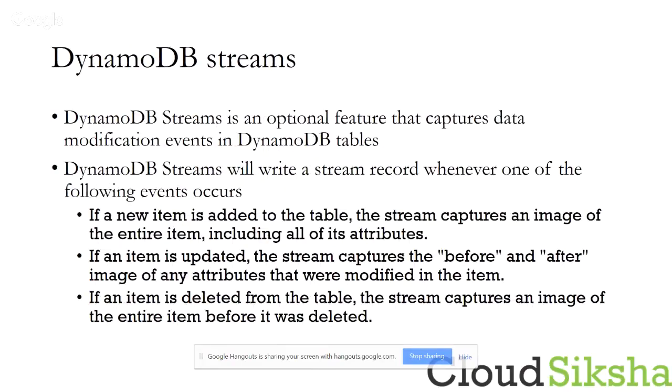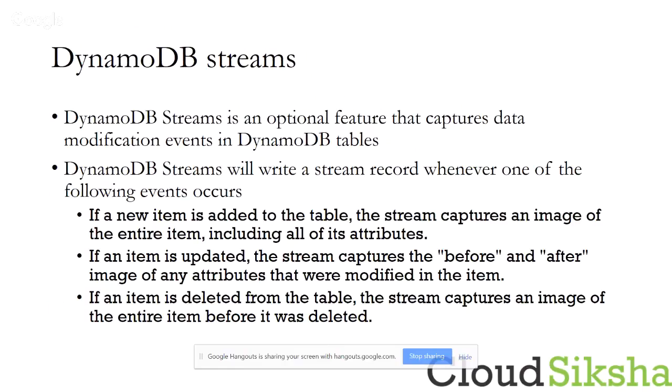Finally, I'll just talk briefly about DynamoDB streams before I go and show you a small demonstration of DynamoDB, and then you will get things much more clear. So DynamoDB Streams is a feature which captures any modification that happens to the DynamoDB table.